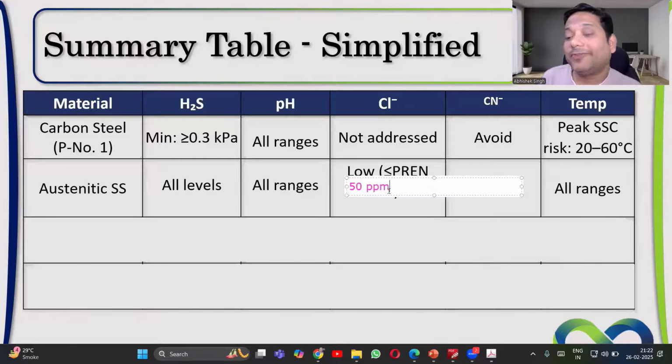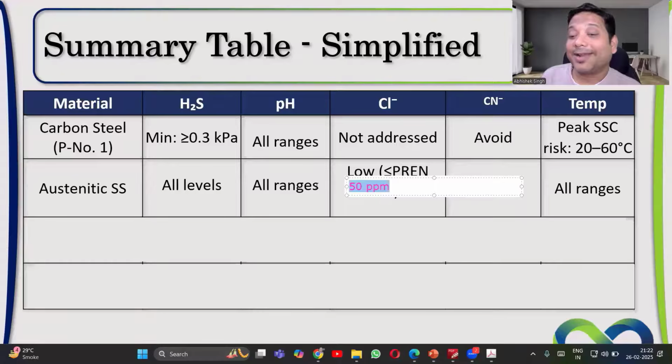So when we talk about 50 ppm or 50 milligram per liter, then you don't have any problem using austenitic stainless steel for all ranges of temperature. No problem with any pH value, and no problem with H2S partial pressure.